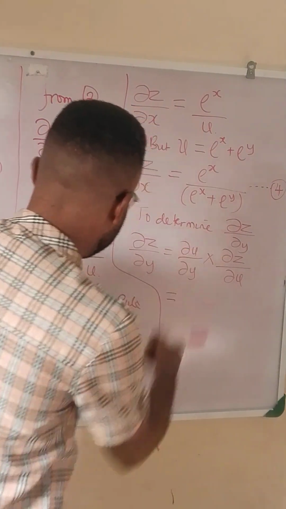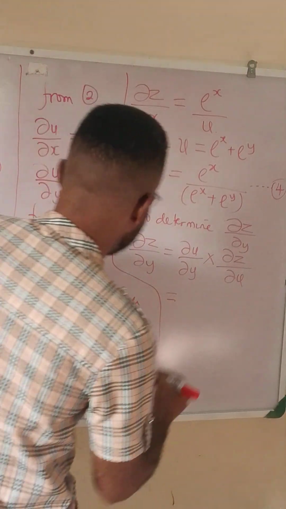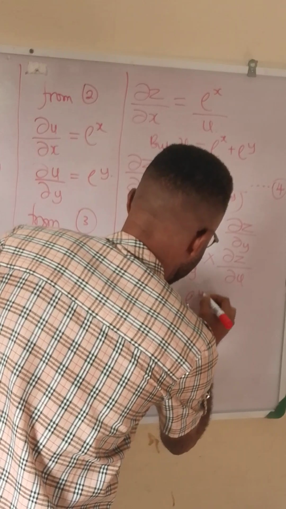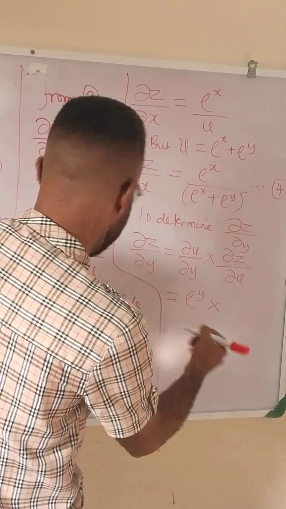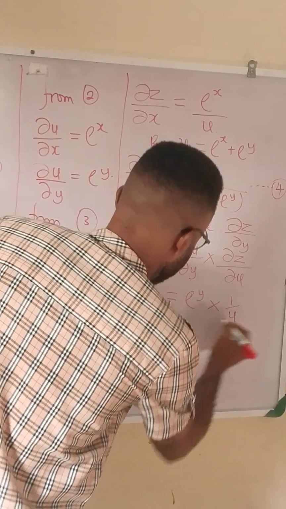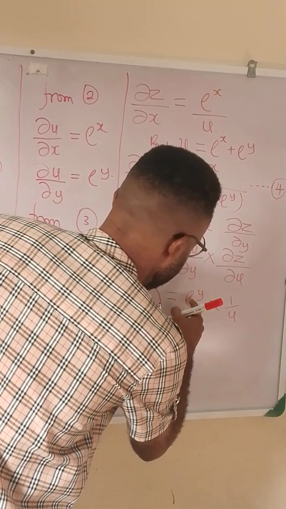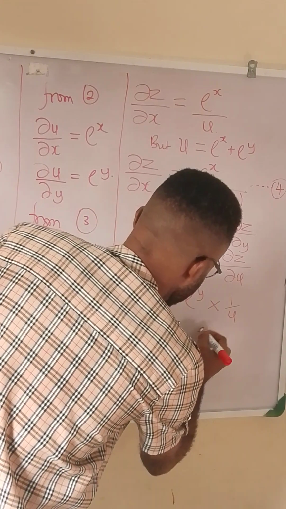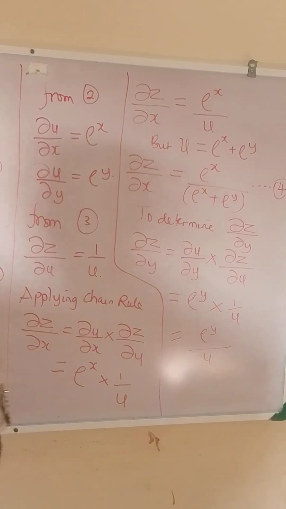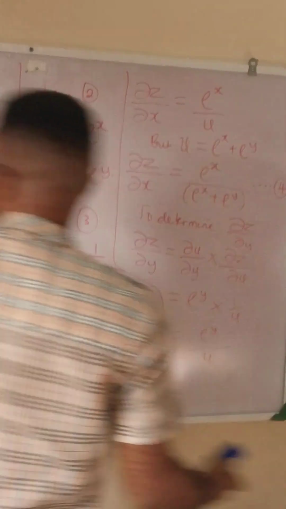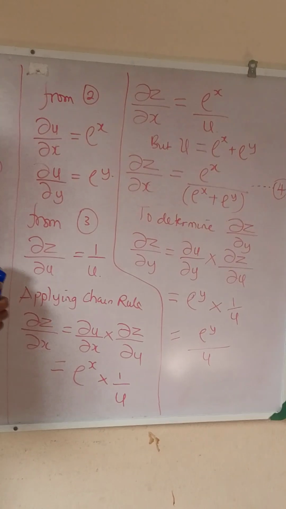So the partial derivative of u with respect to y is e^y, times the partial derivative of z with respect to u, which is 1 over u. So this will be equal to e^y all over u.